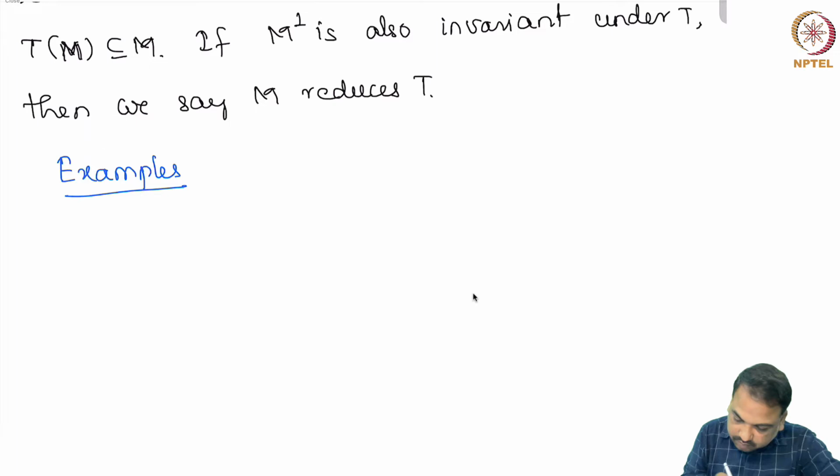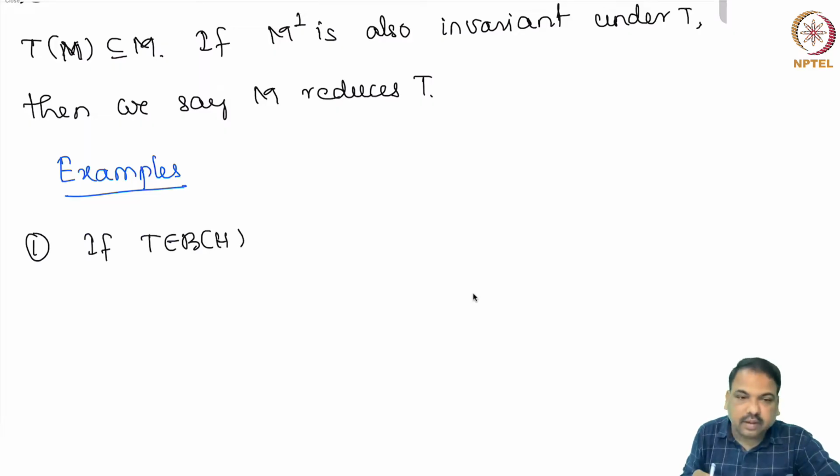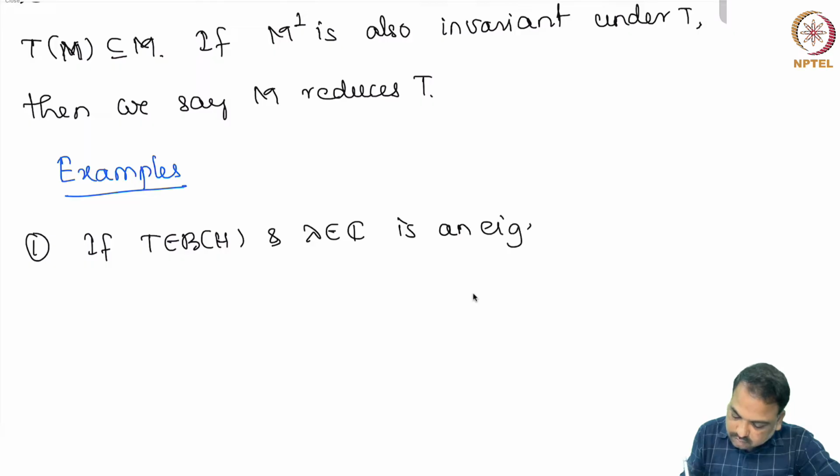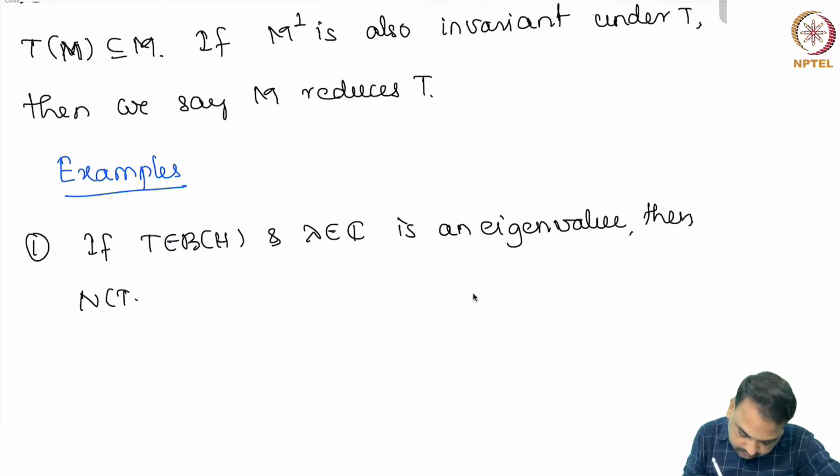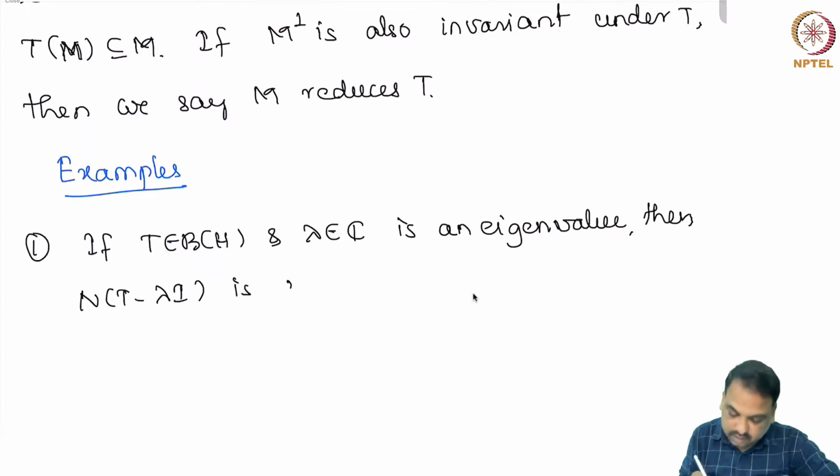So let us see a few examples. If T is in B of H and lambda is an eigenvalue, then the null space of T minus lambda I is an invariant subspace.